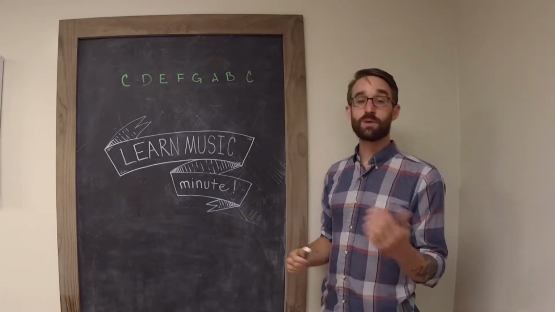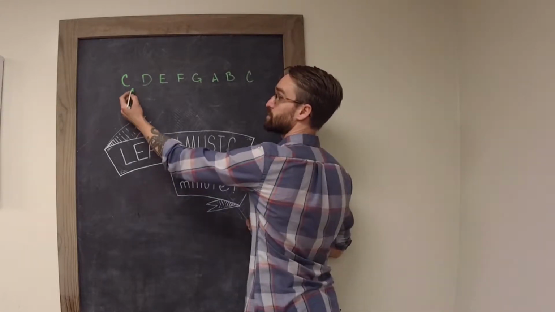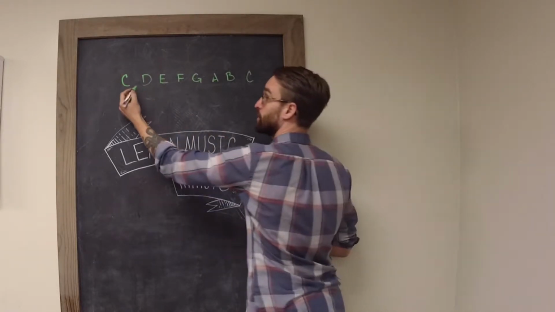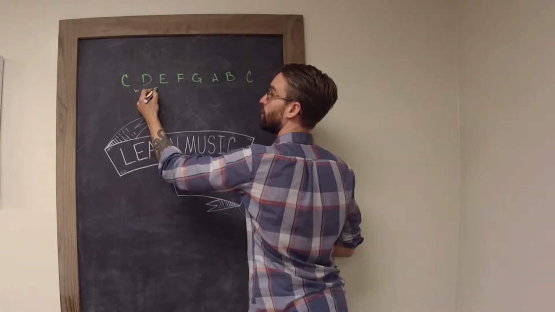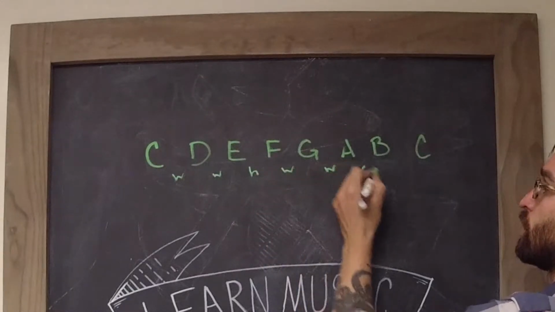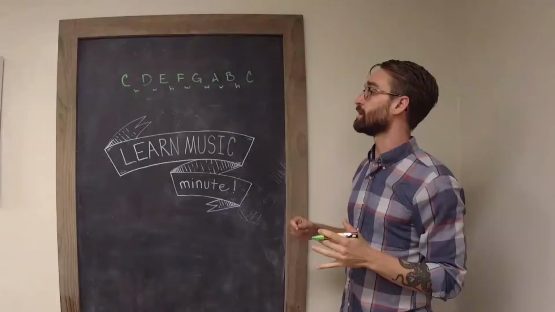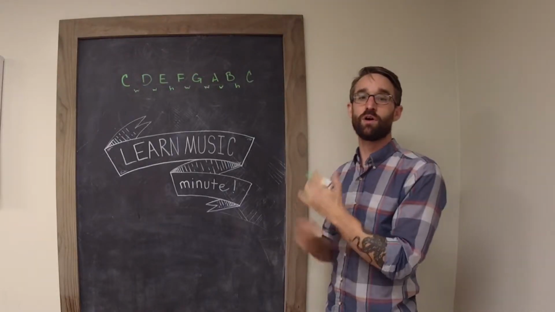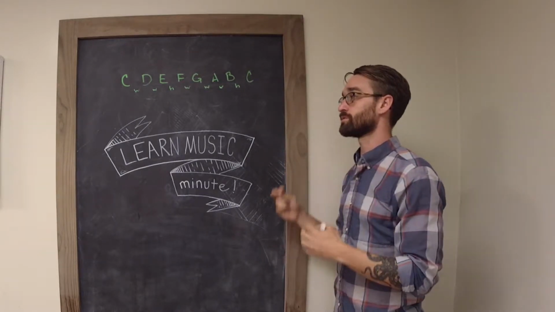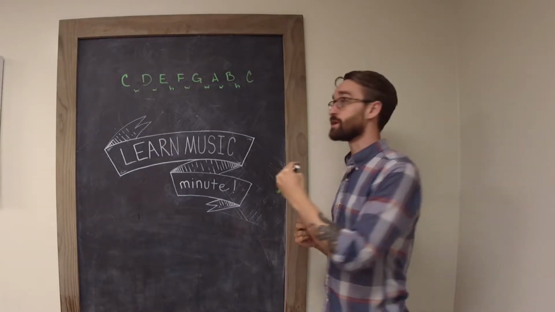So that being said, a quick recap of what we did. We talked about how the major scale, this would be any major scale, not just the key of C, is built like this: whole, whole, half, whole, whole, whole, half. All right? So for starters, let's give all of these letters numbers, creating different degrees of the major scale.